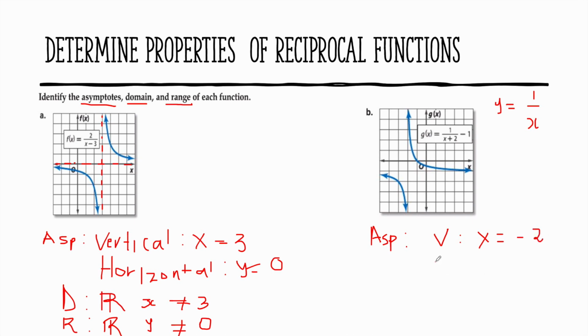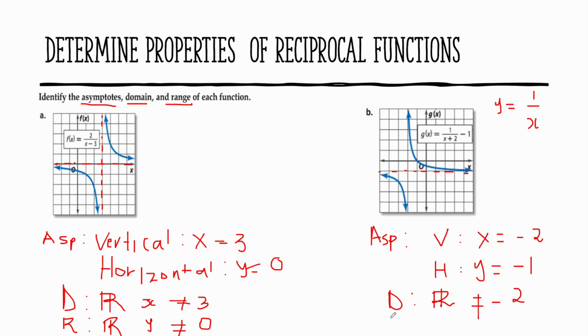Let's look at the horizontal asymptote. The horizontal asymptote is over here because our graph moved 1 unit down. So the horizontal asymptote will be y is equal to -1. So the domain will be all real numbers, but we will restrict at -2.